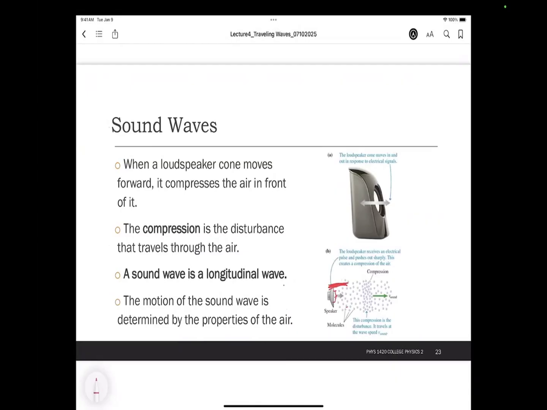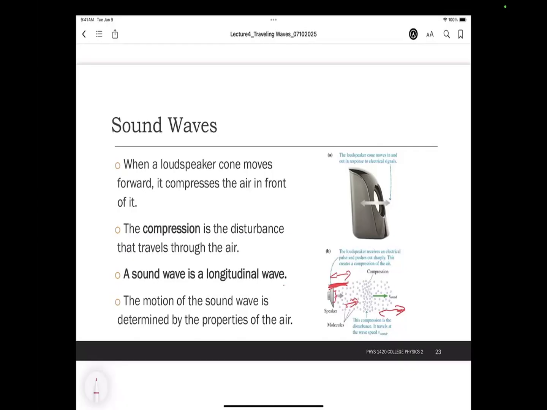This generates a wave that travels through air, and this is the wave travel direction. You can see this direction and this direction are the same. So this sound wave is a longitudinal wave. Does that make sense to you?